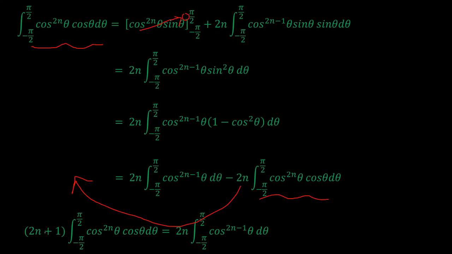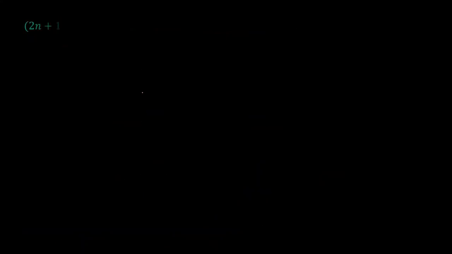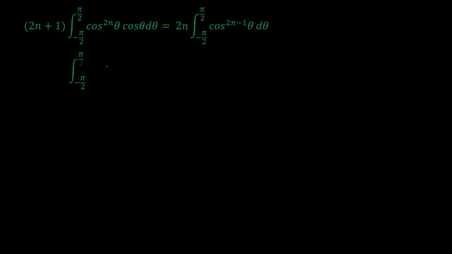And so we can divide both sides by 2n plus 1, and so our integral now becomes 2n over 2n plus 1 times the integral of cosine to the power 2n minus 1 theta.